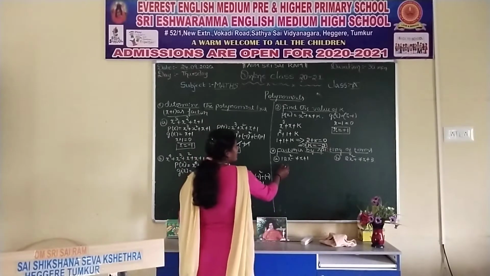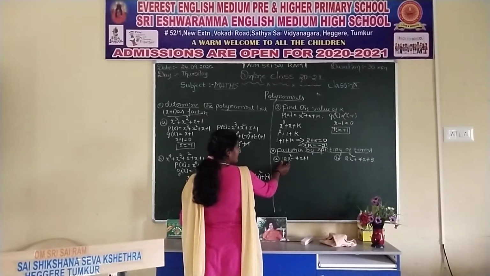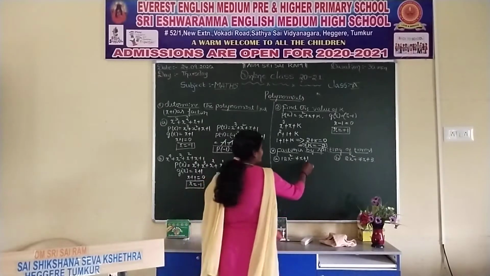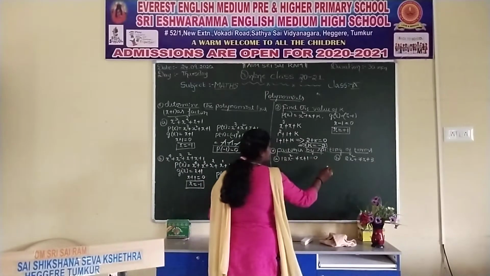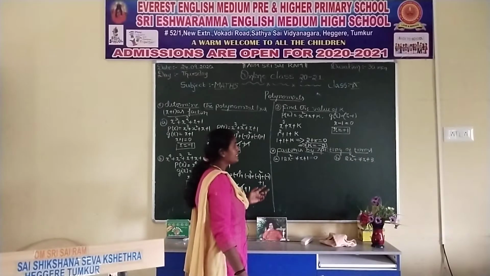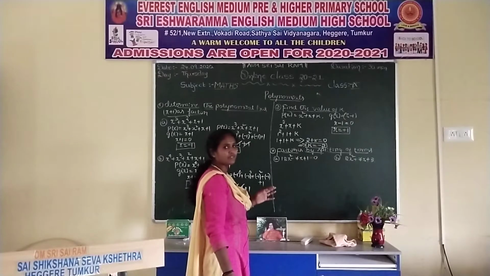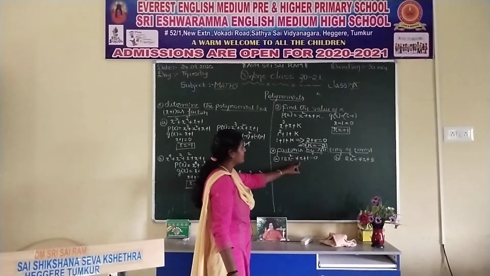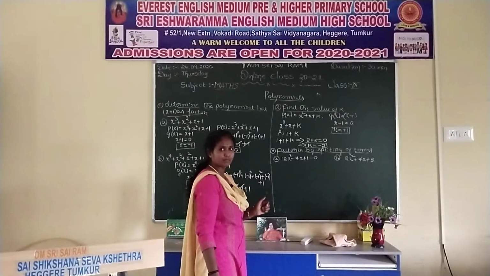See here, the question is 12x square minus 7x plus 1, and we also call this factorization. This is a very important topic. While solving an equation, we use this splitting of polynomials. 12x square minus 7x plus 1 is equal to 0 is a polynomial expression.